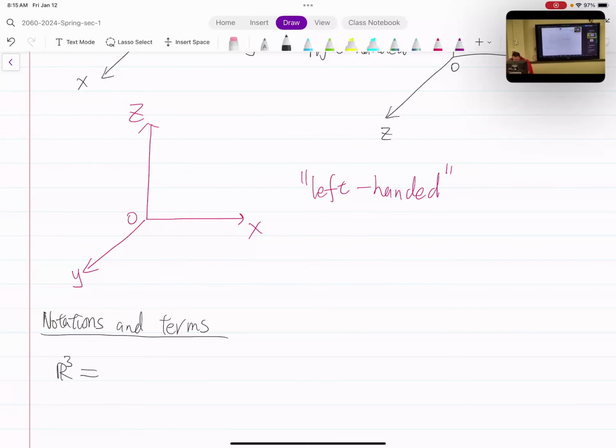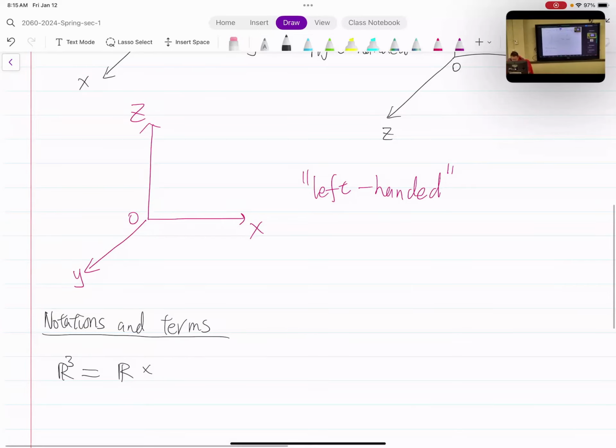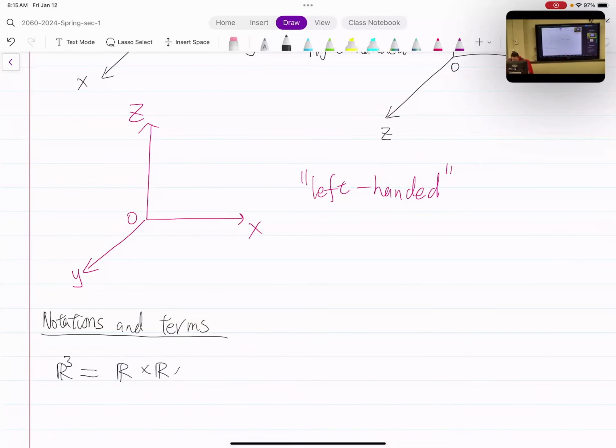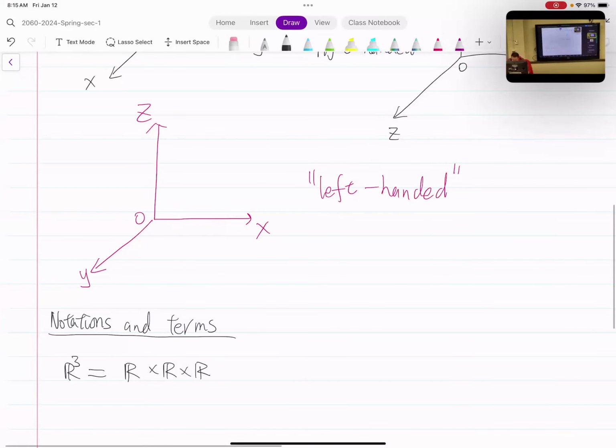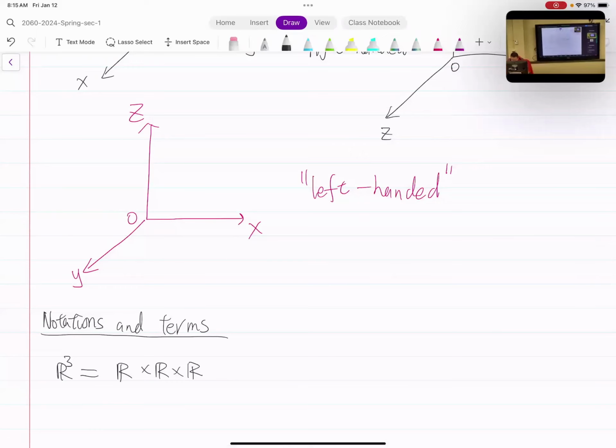If you recall, R is indicating the real line, the set of real numbers. And now we have 3 as kind of like the exponent, but it just says this is a tuple, 3 R's multiplied together. This is the notation that's commonly used.